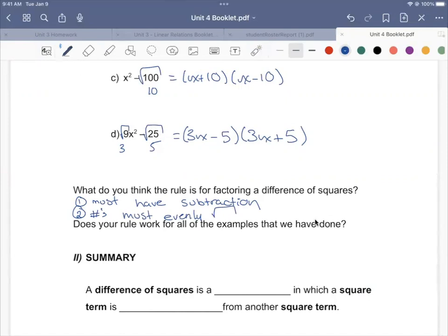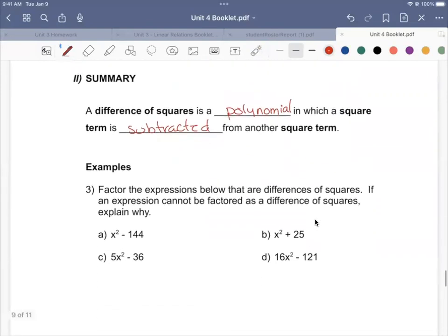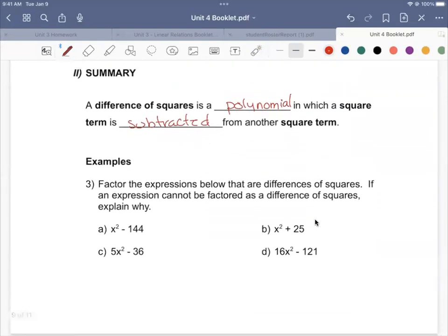So far, this has worked for all of the values that we did. If it didn't work, we would not be able to use difference of squares here. So difference of squares is just going to be a polynomial in which a square term is subtracted from another square term. So if I take a look here, I can see automatically negative, negative, positive, negative. I cannot use difference of squares there.